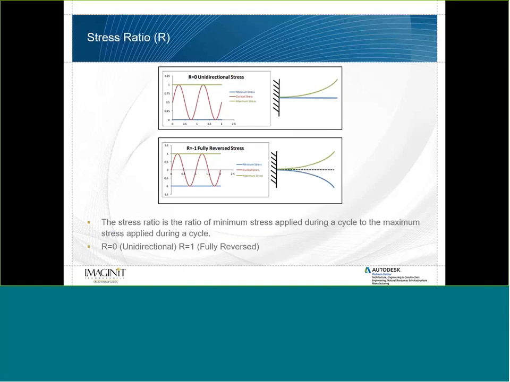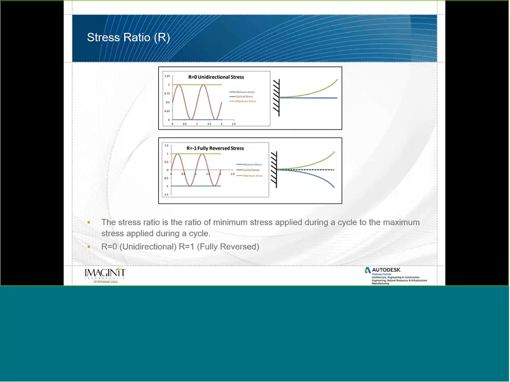Another thing that we'll need to define, and this will affect which SN curve we use and the way that we apply our data, is the stress ratio. This will be defined as R. If we're going to be applying our load in one direction and then removing it, so this would be considered unidirectional stress or unidirectional bending, our R value will equal 0. So we'll look at the SN curve that was created under this load condition.